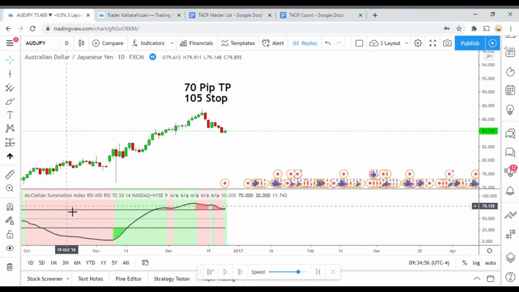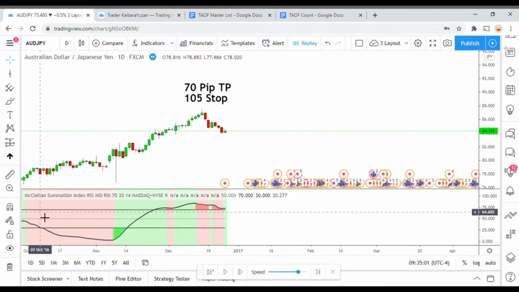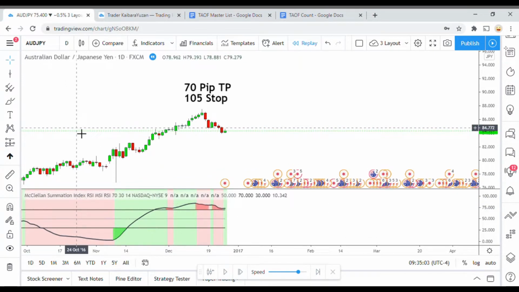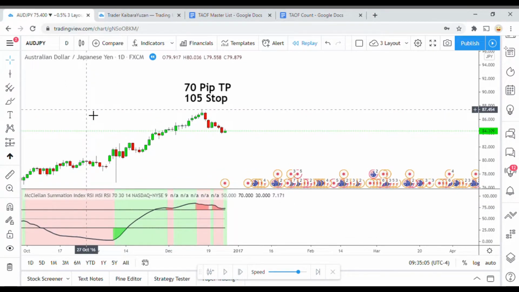So the McClellan Summation Index RSI. I believe I'm saying this correctly, so if I'm pronouncing the name wrong, please forgive me. Basically, the McClellans were a couple who back, I think, in the 90s were big into trading and creating indicators. They created something called the McClellan Summation Index, which is an indicator of its own.